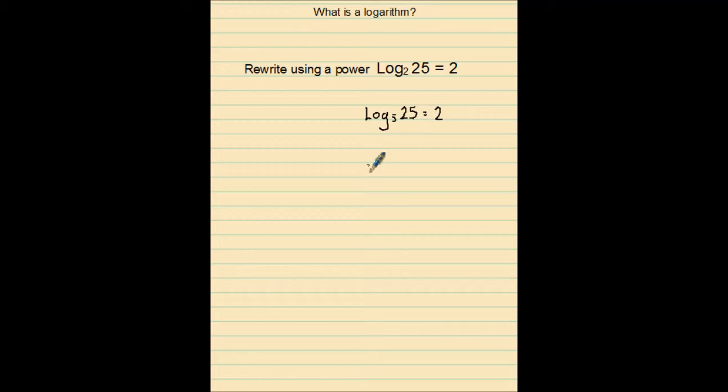So this is the question that I'd intended to rewrite as a power. So what is the index to the base 5 that results in 25? And actually it gives me the answer. It's telling me that the answer is to the power of 2.